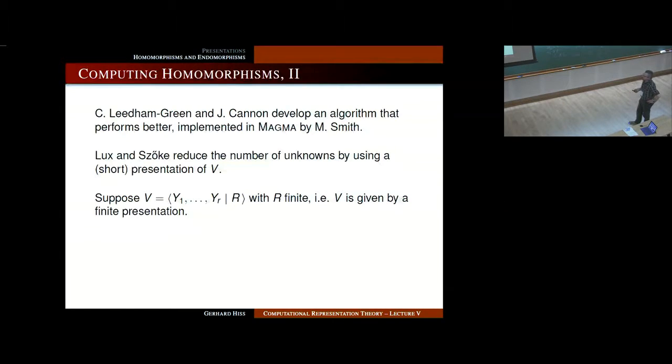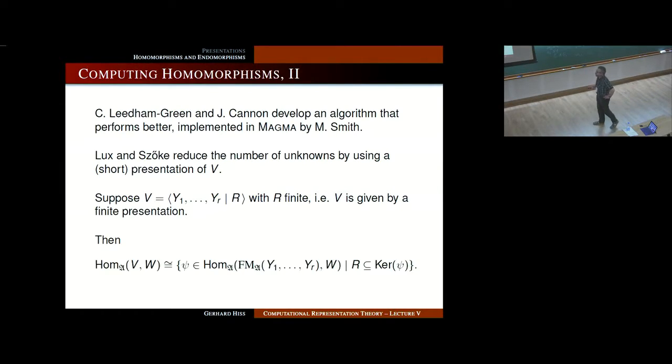Okay, suppose you have a finitely presented module V. So V is given by a finite presentation. W still is given, well, the action on W is still given by matrices.